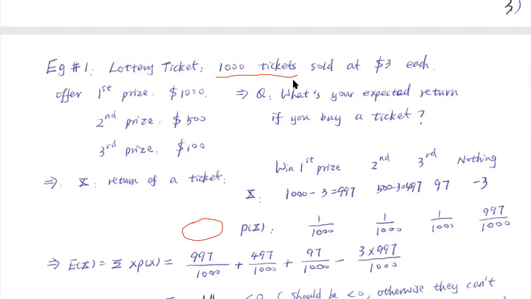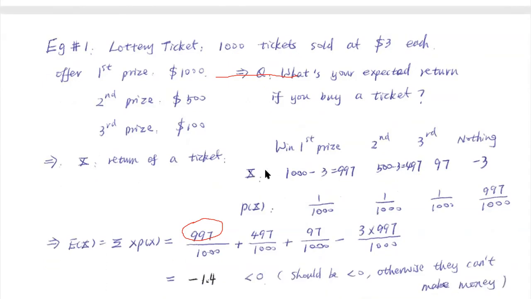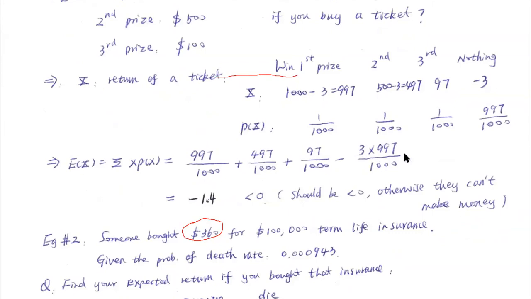Is it -3 times 997 at the last one? Yeah, that's -3 multiplied by 997 divided by 1,000. So wouldn't that be 2.991? 2.991, I mean, I don't use the calculator to do that. Probably around 2 point something.